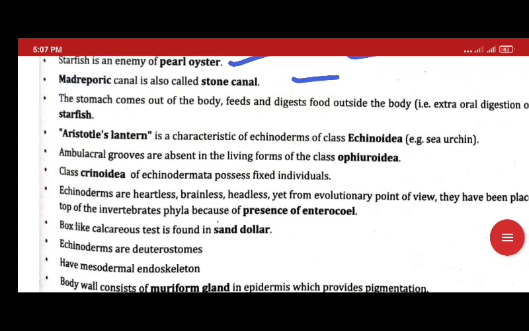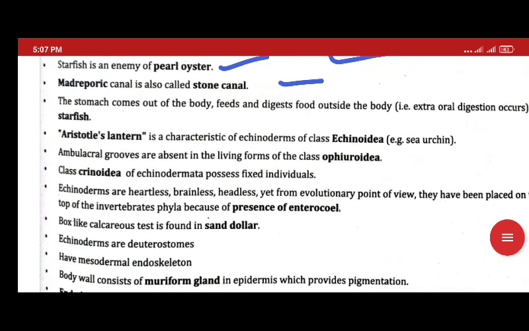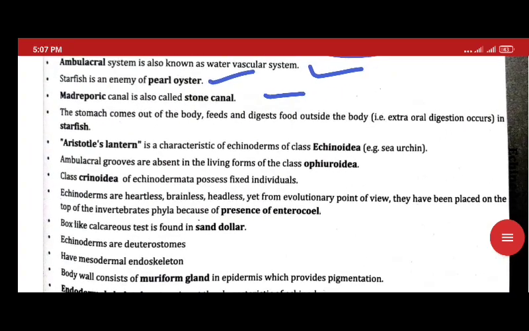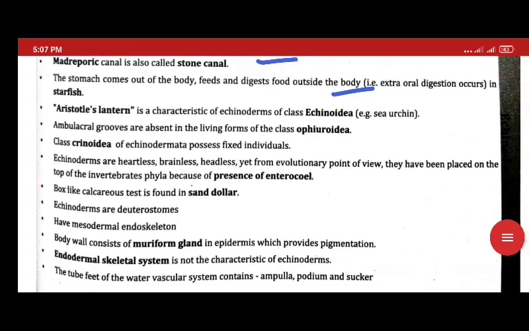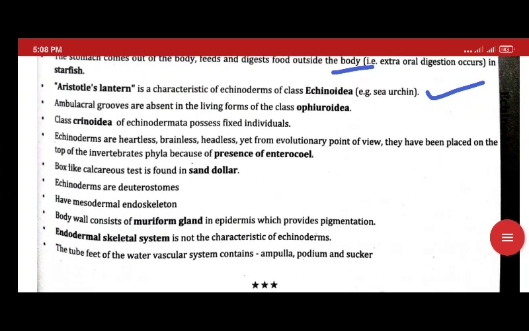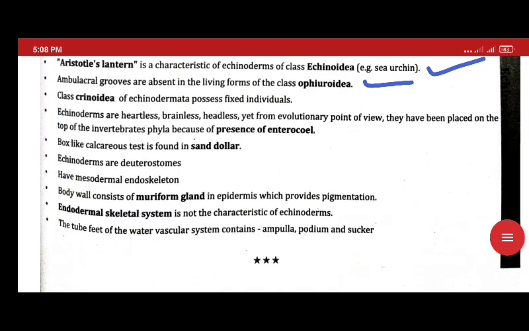The madreporite canal is also called the stone canal. It is like a canal for the passage of water, included in the water vascular system. The stomach comes outside the body, like in starfish. Aristotle's lantern is a characteristic of echinoderms in class Echinoidea. Ambulacral grooves are absent in class Holothuroidea.